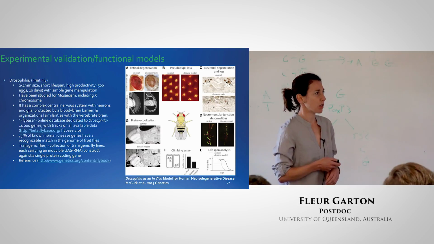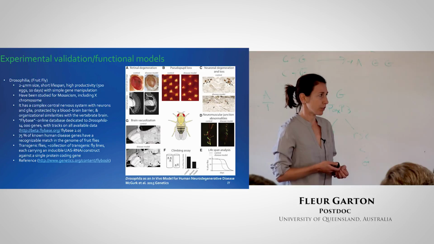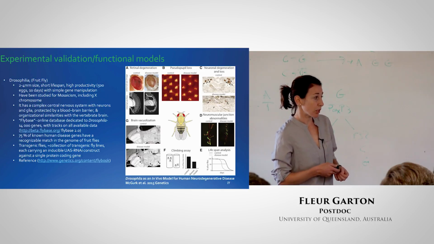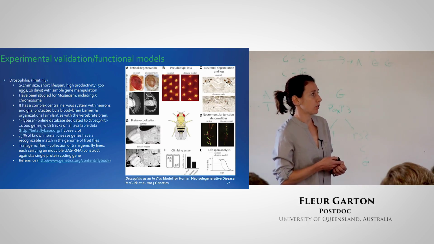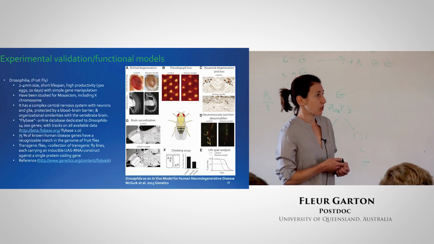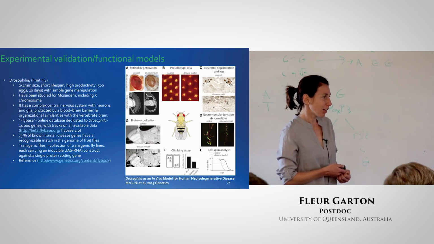This is just an example about the characterization that you can actually do in a fly. This is modelling a human neurodegenerative disease. You can look at retinal degeneration, so you can look at the control and the disease model. They find that there's a pseudopupil loss. They can measure neural degeneration in the model compared to a control fly. They can look at the brain vacuolization.